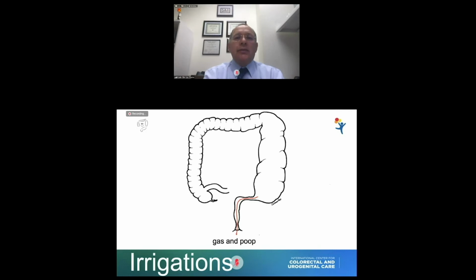One thing that is very important, and I think is the most important in this conference for you, is to know about irrigations. Irrigation is completely different from enemas. We have seen in many countries, in many hospitals, that patients with Hirschsprung are prescribed enemas, and the patient becomes really sick.